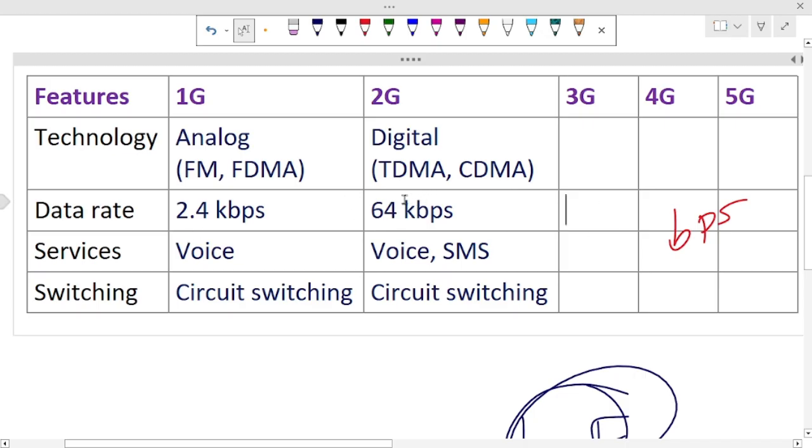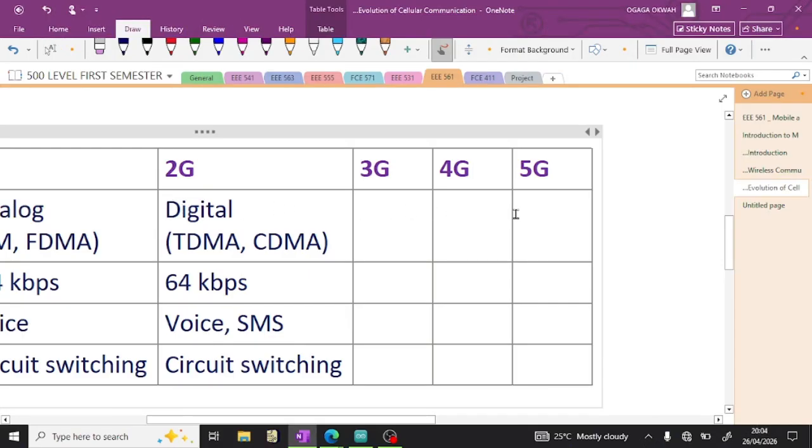Most of these values are not something you just calculate; they are experimental values, though calculations are involved. From 2 to 5, all are digital, so I don't need to write digital here again.